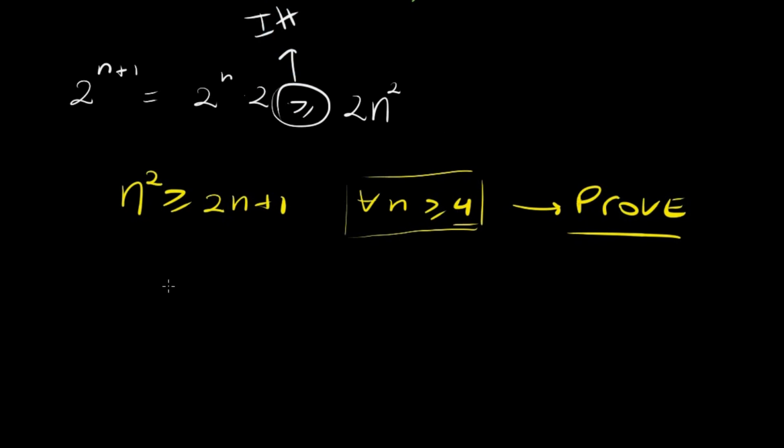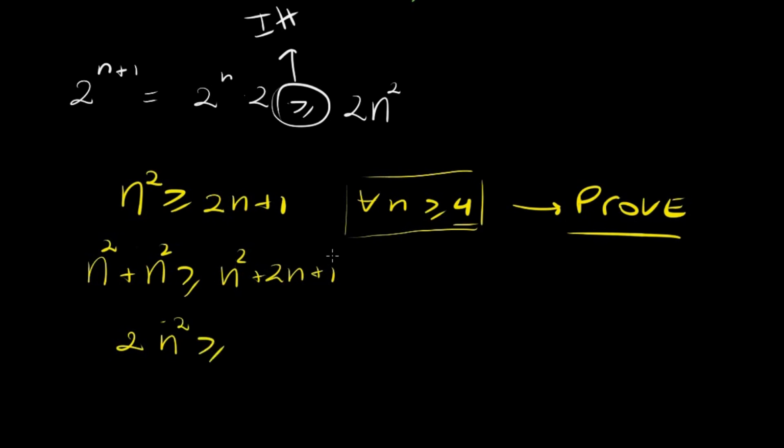So what we can do is add n squared on both sides, so we get n squared plus n squared is n squared plus 2n plus 1. This is 2 times n squared, and this is n plus 1 squared.